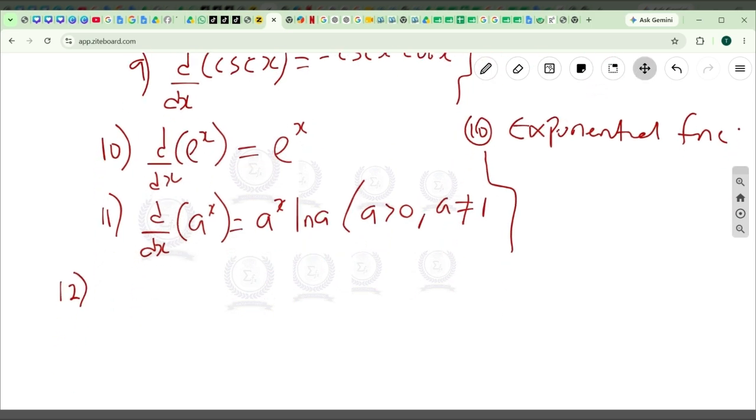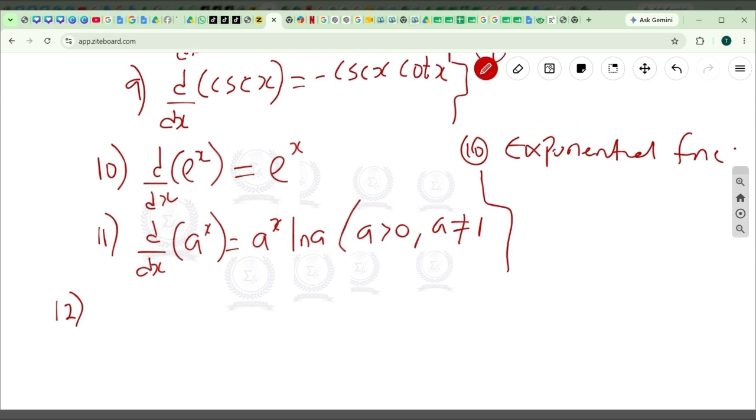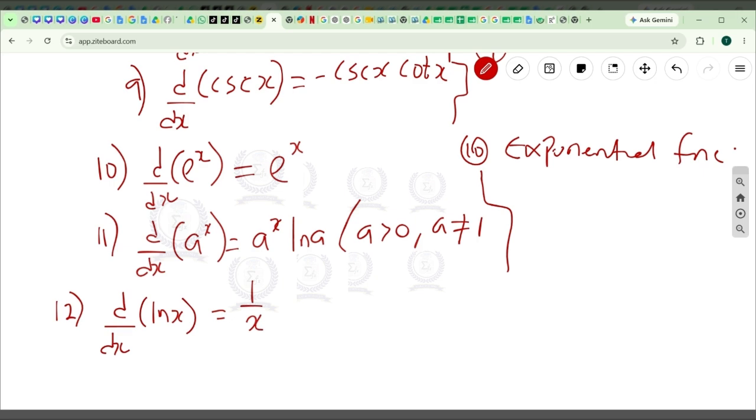Okay, so let's look at the 12th one. If you're asked to differentiate ln x, what that gives you is 1 over x as far as x is greater than 0.